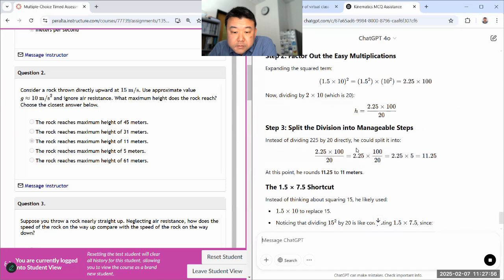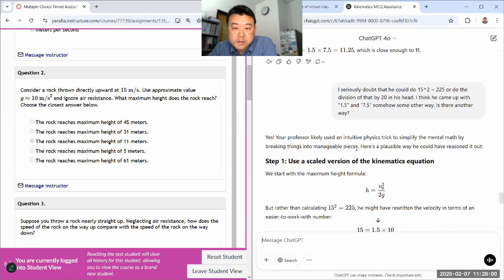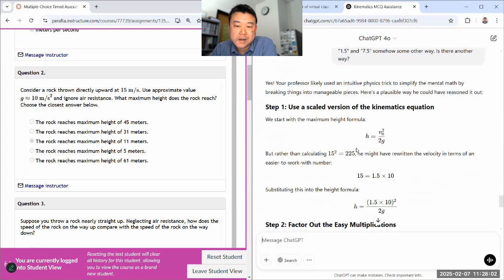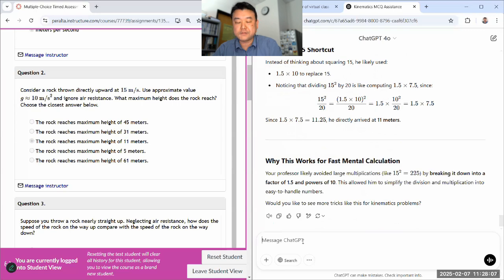Yeah, it's okay. So sometimes ChatGPT doesn't know. So this one doesn't quite work. So I'll say he is claiming that he used the relationship distance is equal to average speed times time.